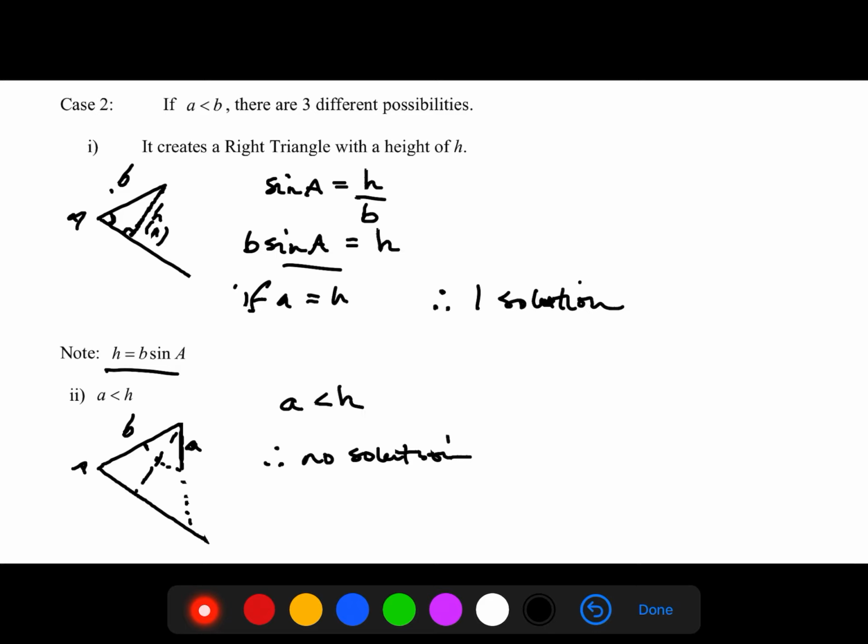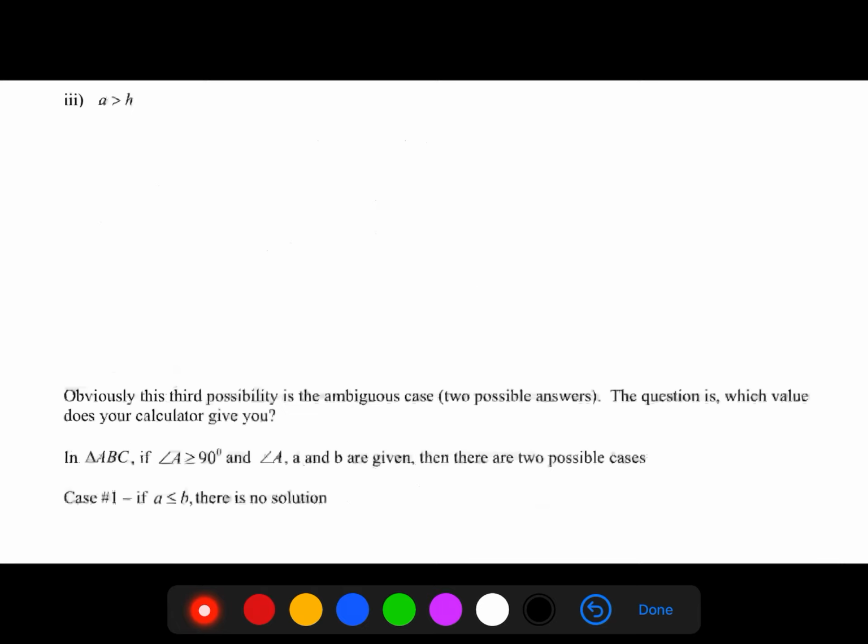Not going to happen, which means that there is no solution. Side a is less than our height, so there's no possible triangle. We can't draw a triangle with that information.